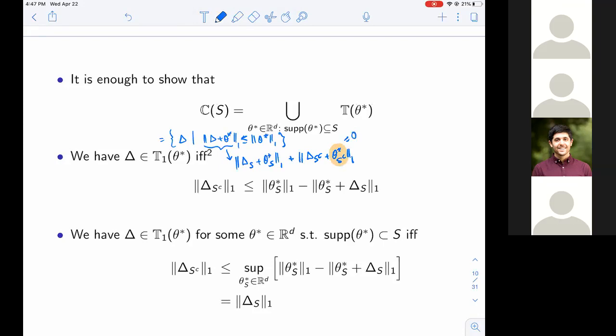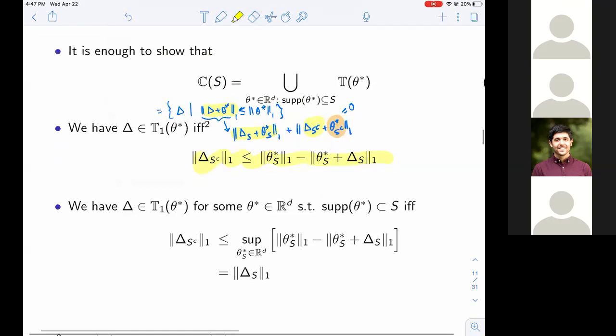So what I end up getting is this plus the L1 norm of this guy, and then you rearrange. If you rearrange, you get this inequality. So delta is in this tangent cone if and only if that holds.